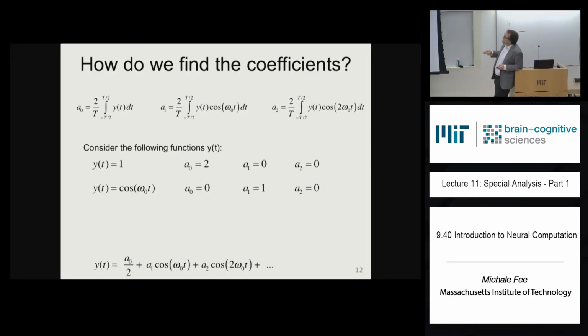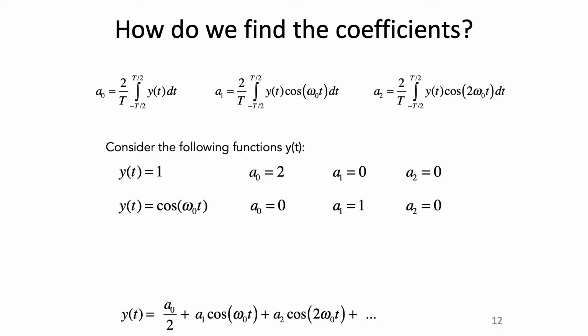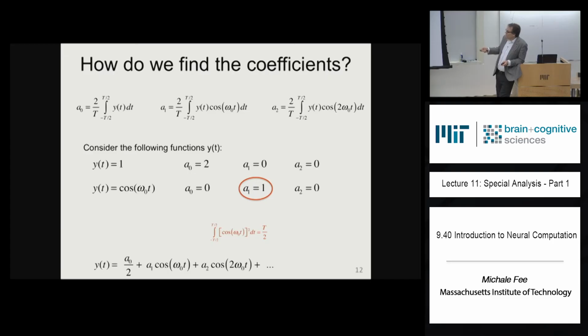Okay? If our function is cosine omega naught t, you can see that if you put a cosine in here, that averages to 0. If you put a cosine in here, you get cosine squared. The integral of cosine squared is just half of the basically full range, so that's just T over 2.